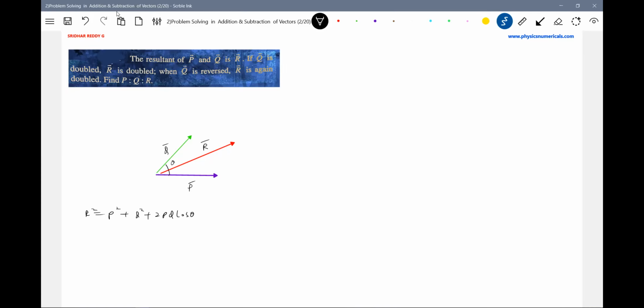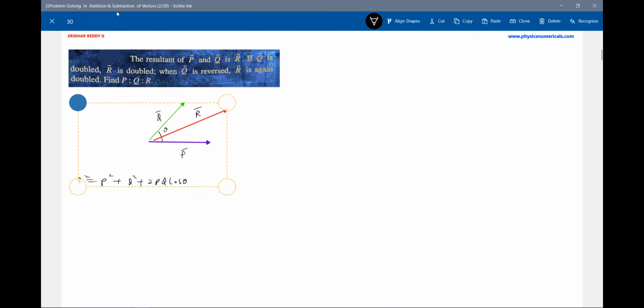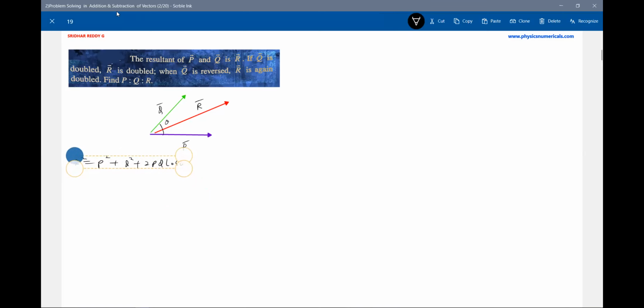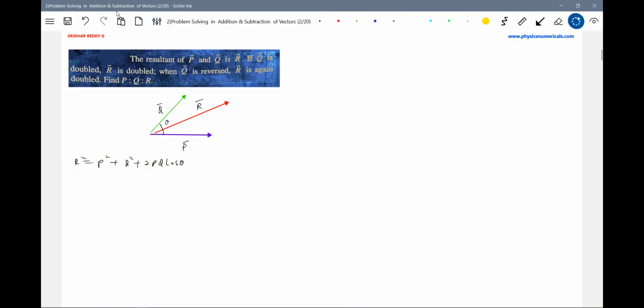Next case, if Q is doubled, R will be doubled. For our convenience, at least we can do some imagination. The P will remain as it is.